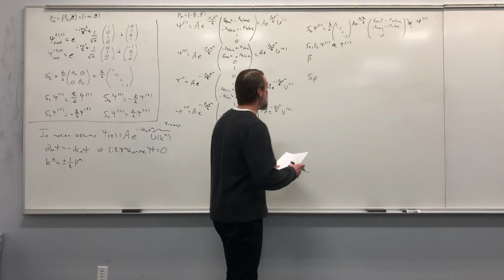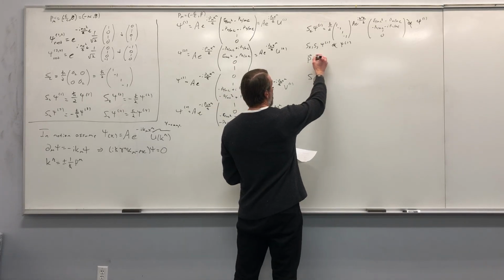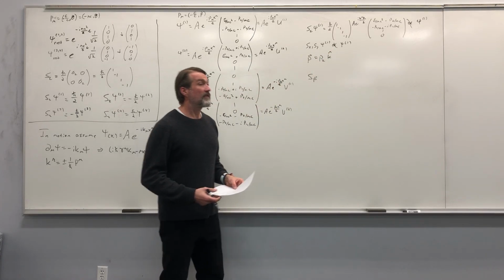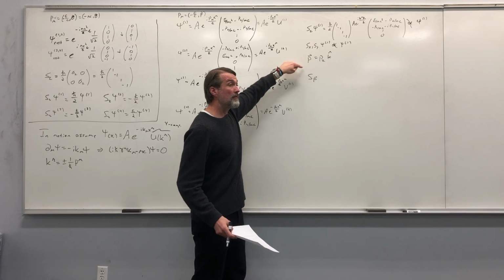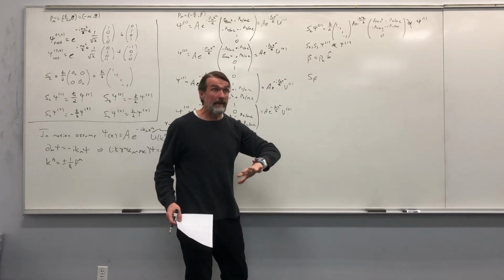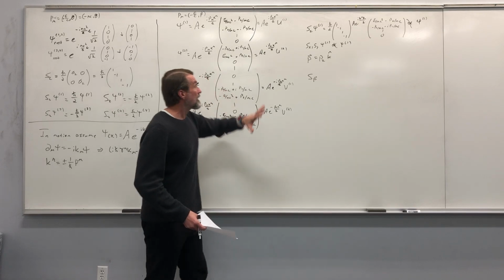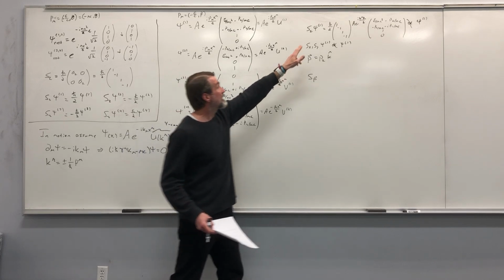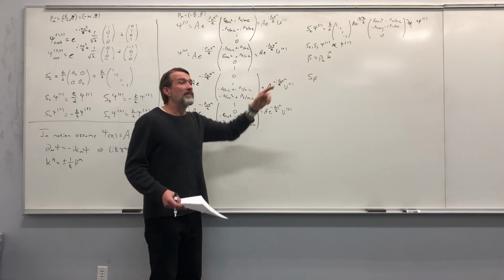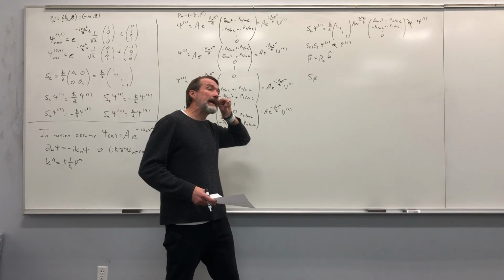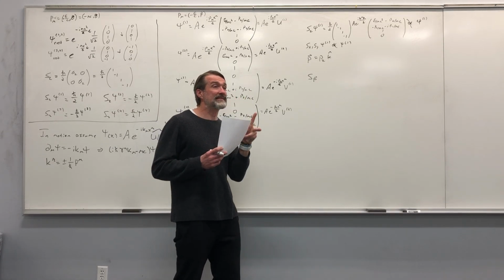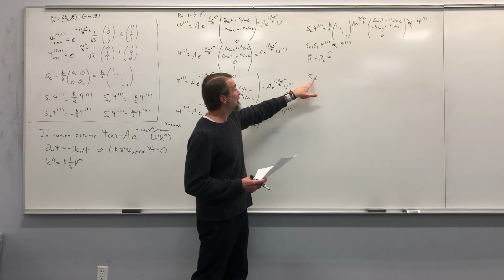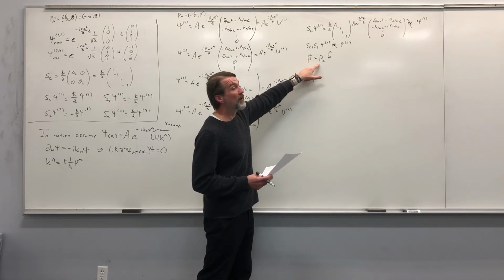Or I can just say, let's take the momentum of the particle along the z-axis. Then sz becomes this operator. Does that make sense? In this story, I'm not telling you what direction the particle's moving, and then sx, sy, and sz don't work. But if I say I'm going to pick my coordinates so that the z-axis is along the direction of motion, then the spin along the momentum is the z component of spin.